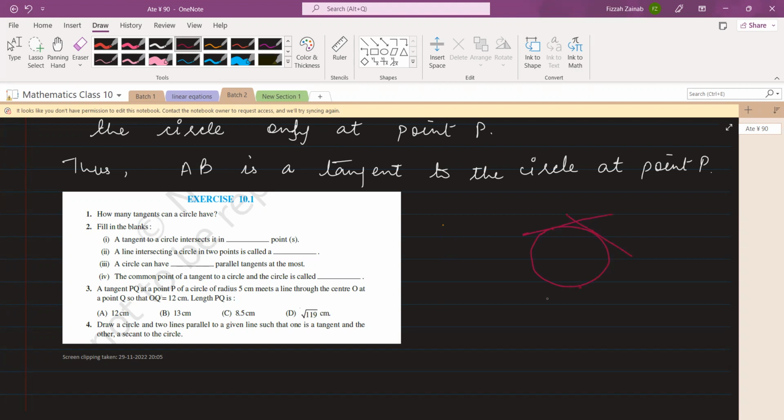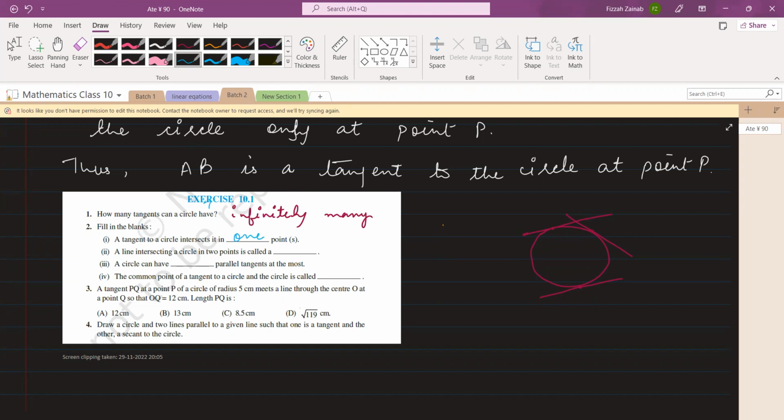So like that, you can have infinitely many tangents. Now, second question, fill in the blanks. A tangent to a circle intersects it in how many points? 1 point. Second, a line intersecting a circle in 2 points is called a secant to the circle. Good.